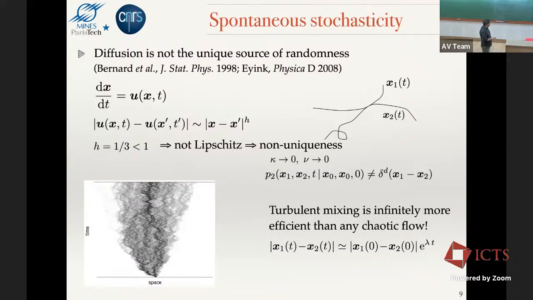When you have trajectories like that, you have a finite probability that the trajectories come together, stay at the same place for some time, and then move apart from each other. This phenomenon is now coined spontaneous stochasticity.